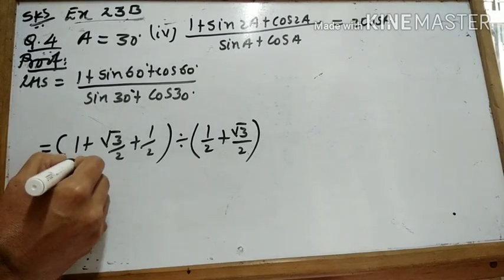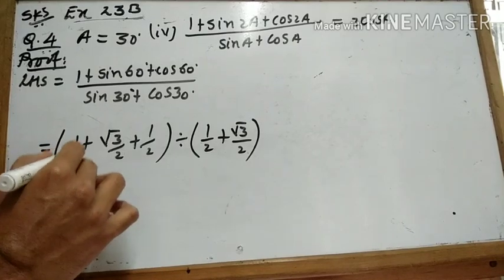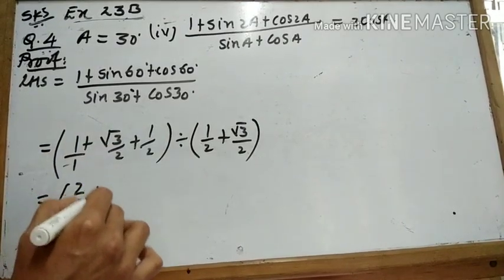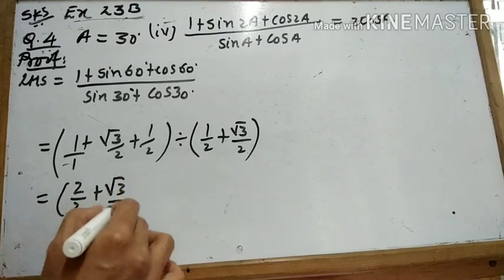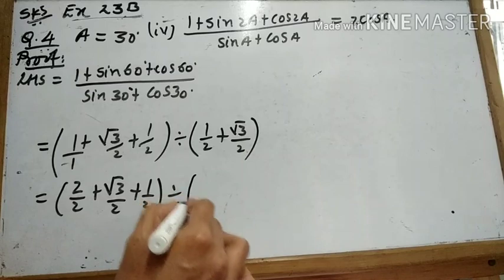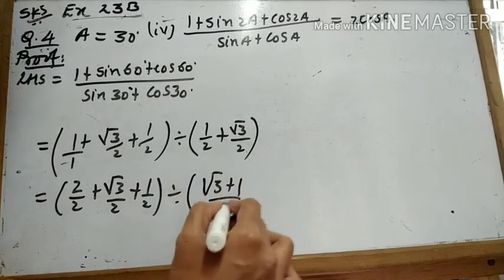Now if you observe, this is the only fraction where denominator is not the same. So this can be written down as 2 over 2 plus root 3 over 2 plus 1 over 2 divided by root 3 plus 1 upon 2.